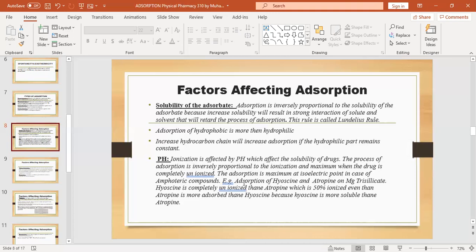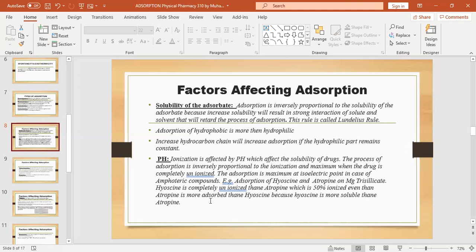So hope it is clear from the example that ionization is also inversely proportional to the adsorption phenomena. If we suppress the ionization, then adsorption will increase. The example is the adsorption of hyoscine and atropine on magnesium trisilicate. Hyoscine is completely unionized, while atropine is 50% ionized.